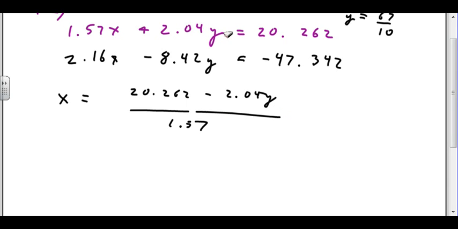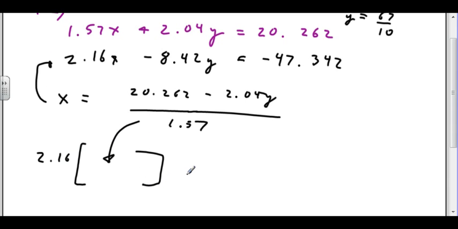All right, well, then I'm going to put it back into the second equation. 2.16 times that guy there, I won't rewrite it, minus 8.42y is equal to minus 47.342.